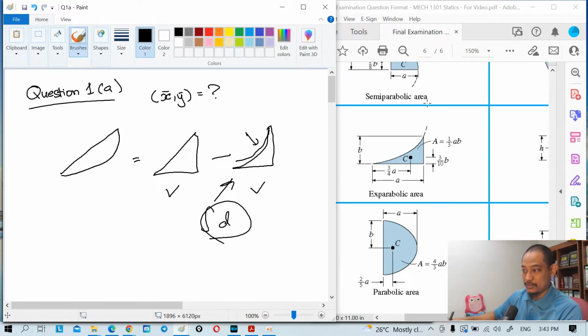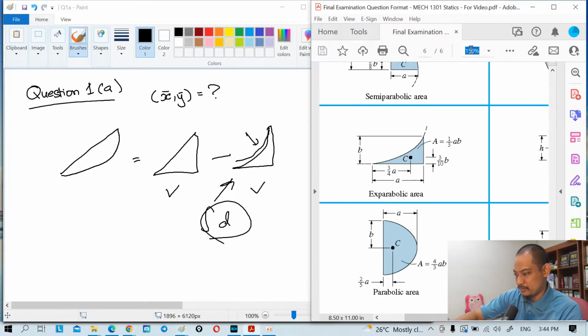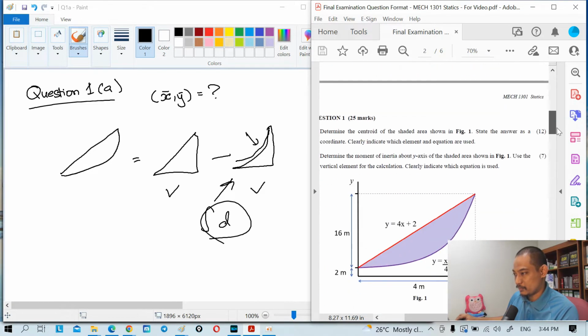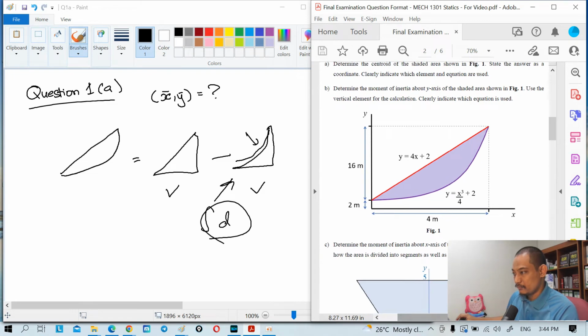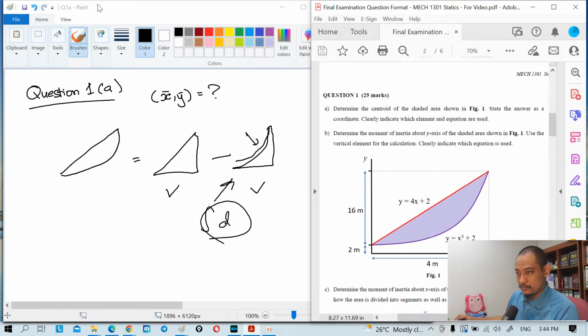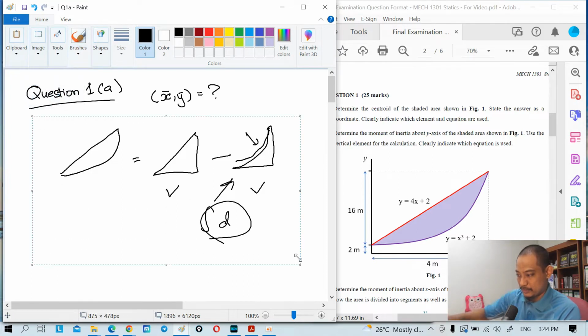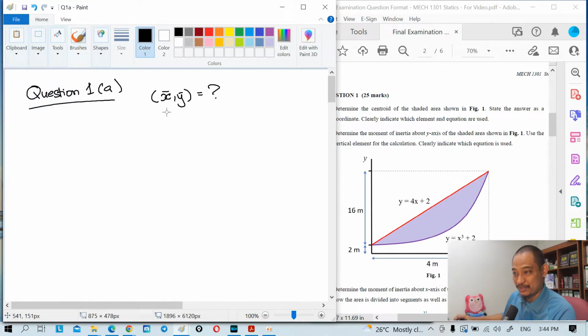Because you cannot use any of these, as this curve is not parabolic, x-parabolic, or semi-parabolic. So make sure you understand that. Alright, going back to the question. I'll delete this one. That's just explanation. We just used 4 minutes for explanation.